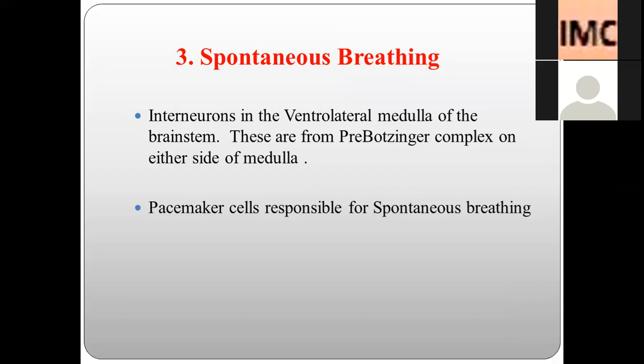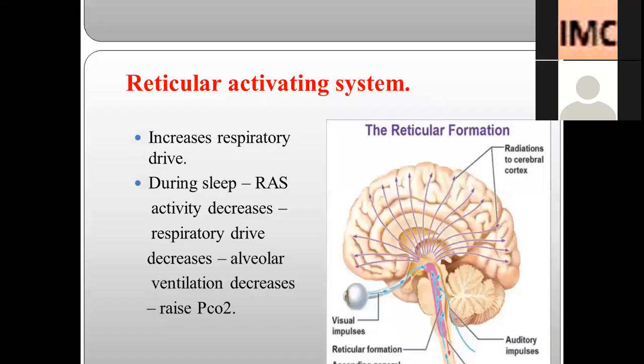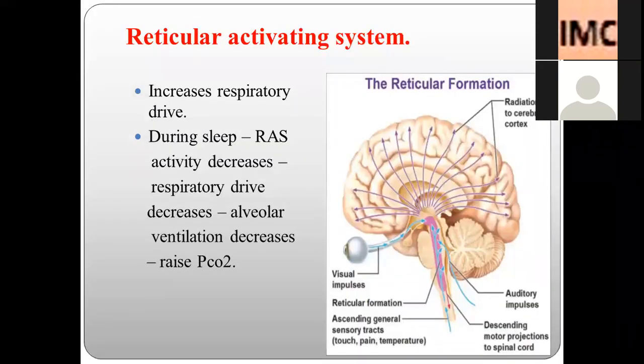The first one is the medullary center, the second is the pontine center, and the third is the reticular activating system. So there is a role of the reticular activating system in regulating respiration. How? Because it increases the respiratory drive. During sleep, RAS activity decreases, which decreases the respiratory drive and causes alveolar ventilation to decrease.